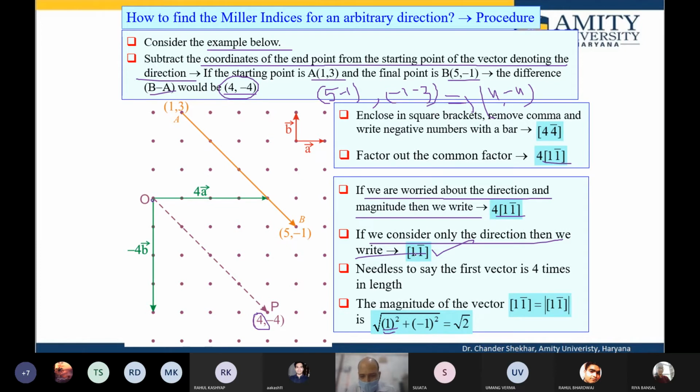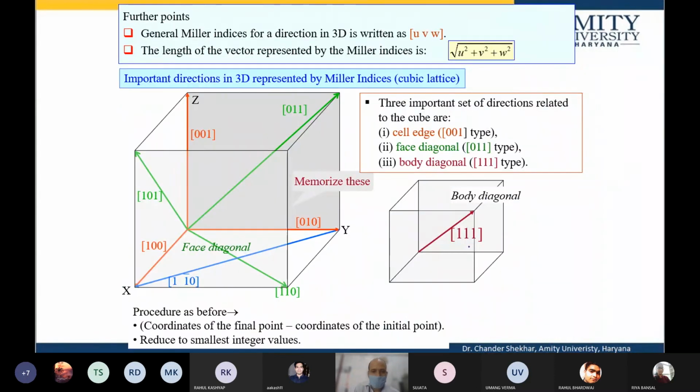In this case, for example, 1 and 1 bar are the coefficients along x and y respectively. So the square root of the sum of squares is the magnitude. So magnitude and direction we can find out. The length of the vector is the square root of the sum of squares, and these are the directions or Miller indices of a direction.